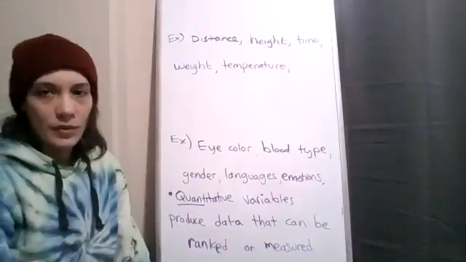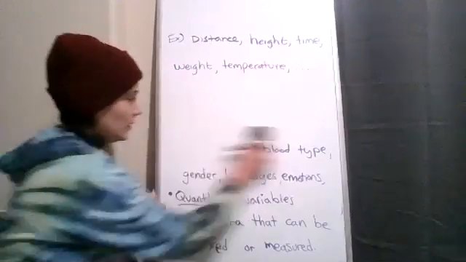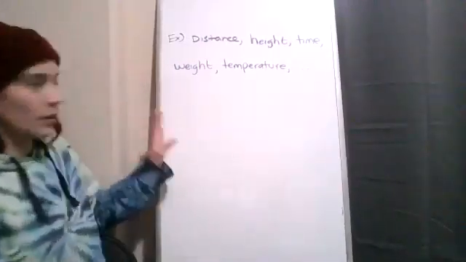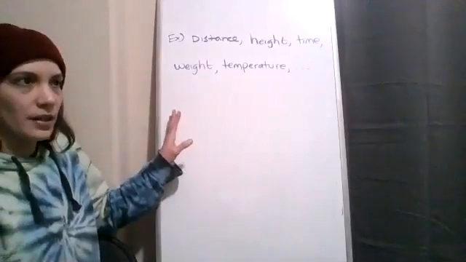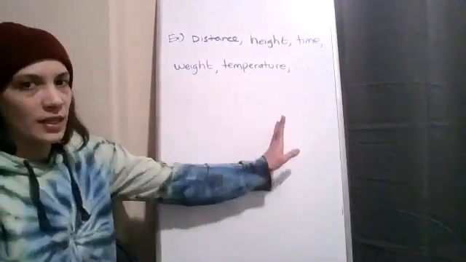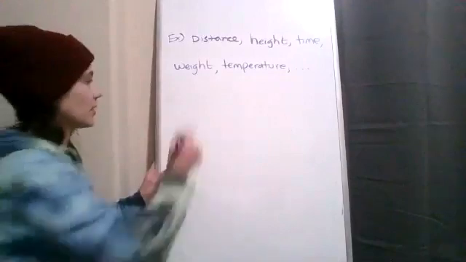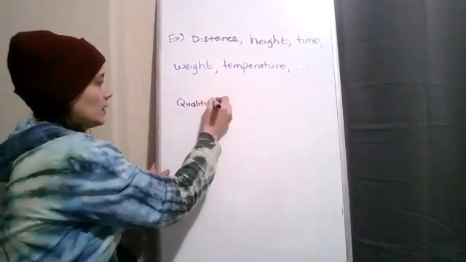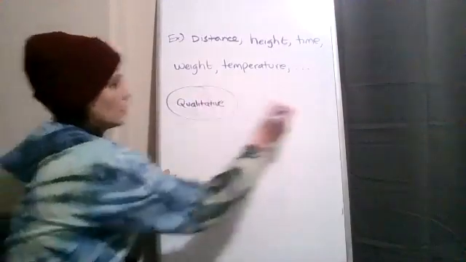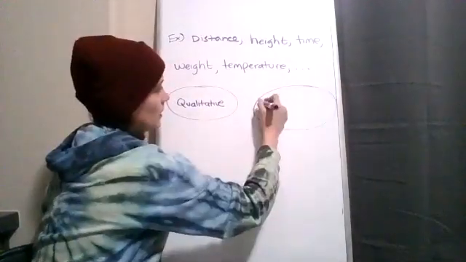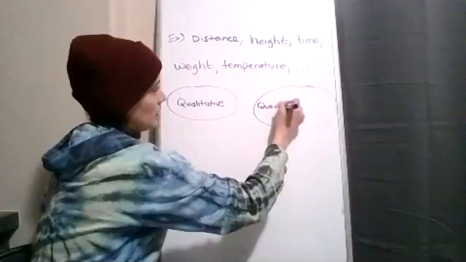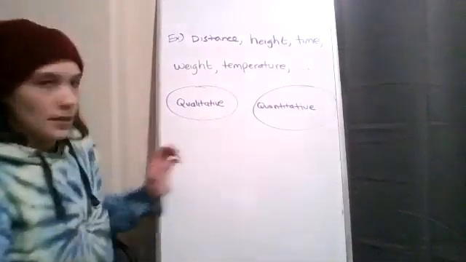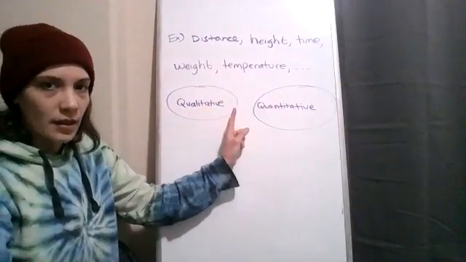Okay, so now we'll draw a picture. So I said earlier, you have qualitative variables or quantitative variables, and they're separate. So qualitative over here, quantitative over there. So it's one or the other, nothing in common.